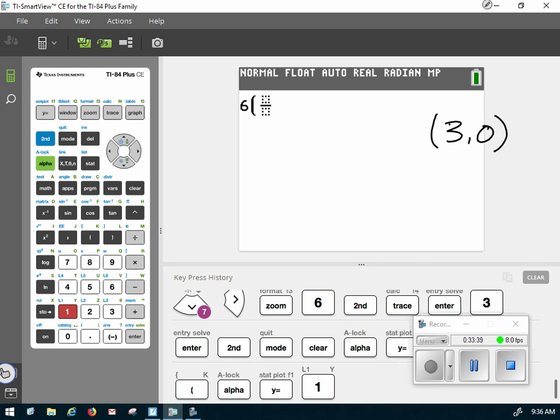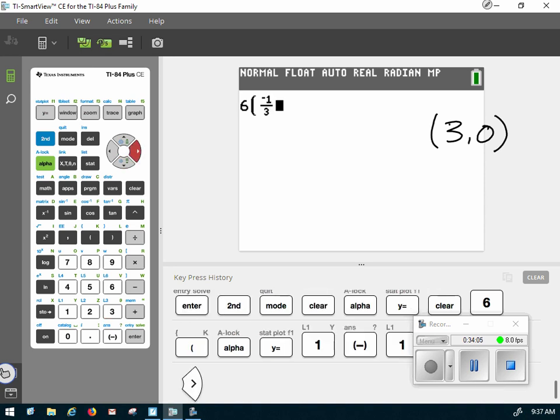My keystrokes are down here if you get lost. I think it's easiest if you use the fraction command, alpha y equals. I really do. Put in -1 over 3.